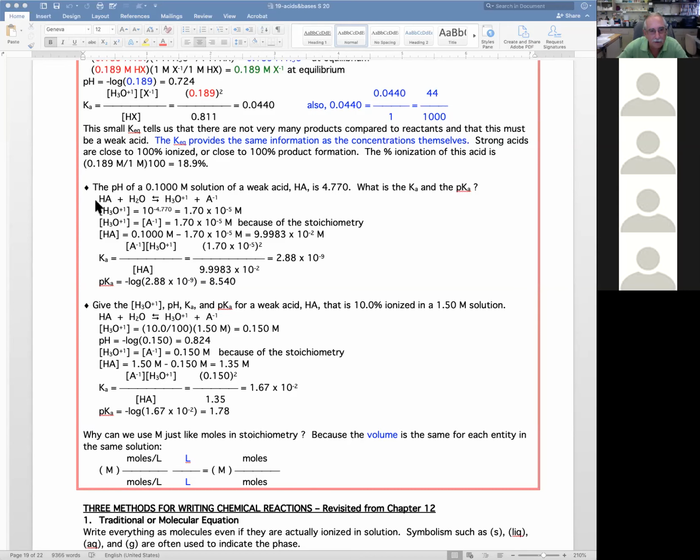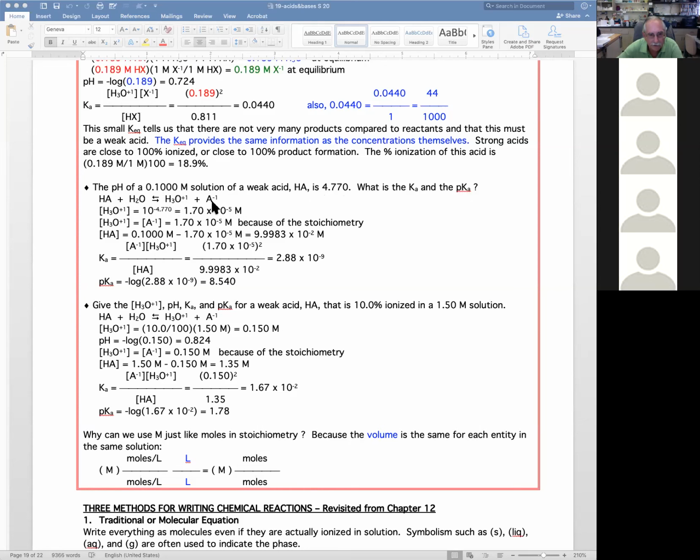That's our cognitive map. So what is the concentration of the hydronium ion? It's given to us by the pH. So 10 to the negative pH is that number. Okay. So now I got 1.7 times 10 to the minus fifth moles per liter of this.